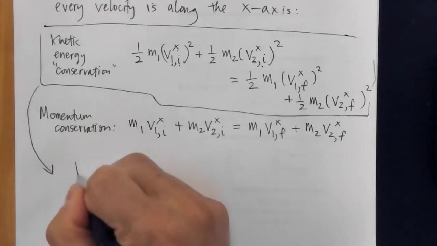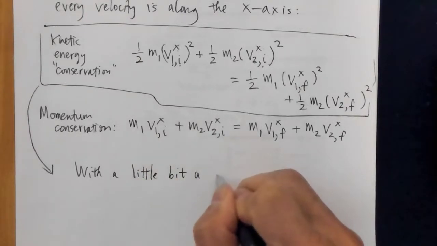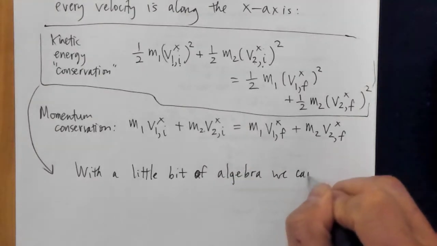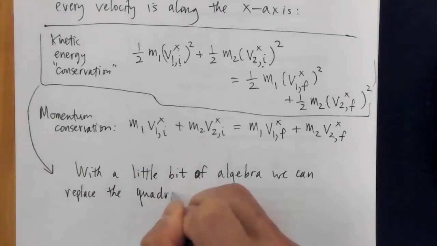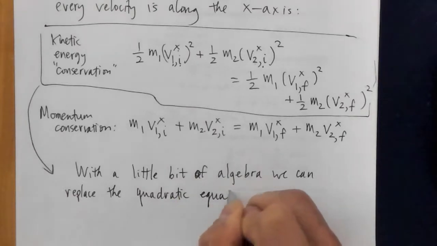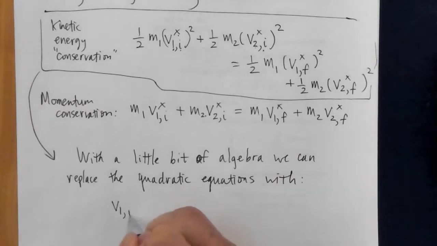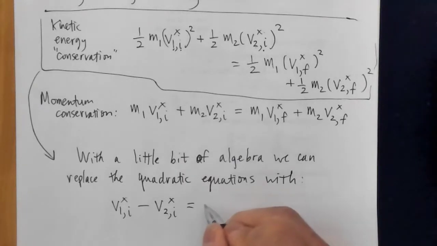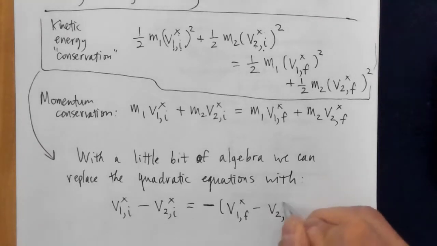With a little bit of algebra, we can replace the quadratic equations with something very simple: v1 initial x minus v2 initial x is equal to the negative, and I'll give you an interpretation for this in just a moment, of v1 final x minus v2 final x.